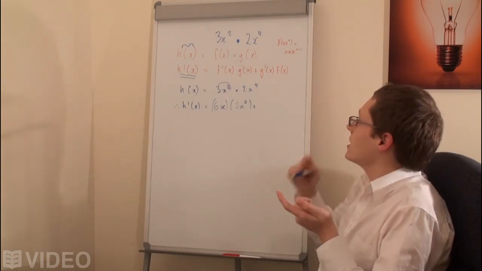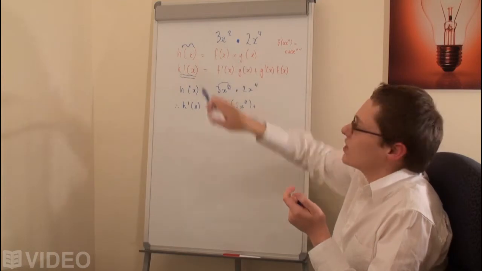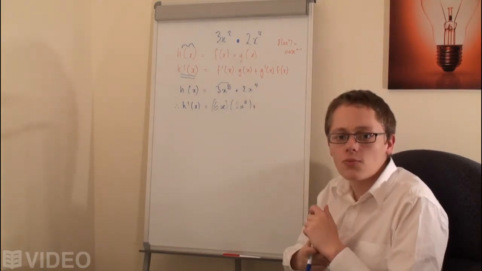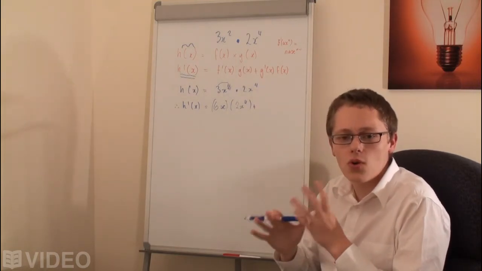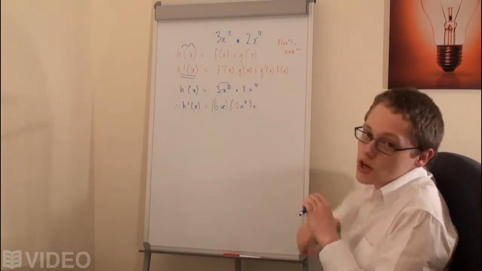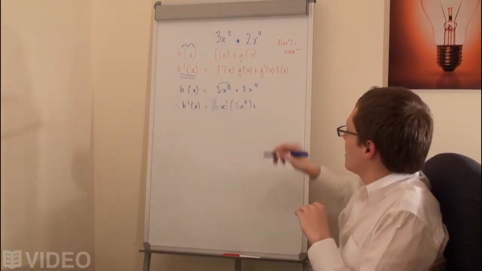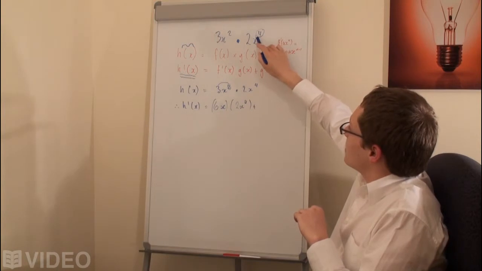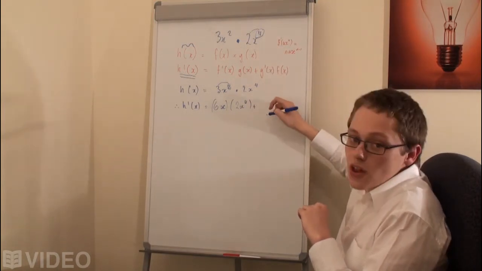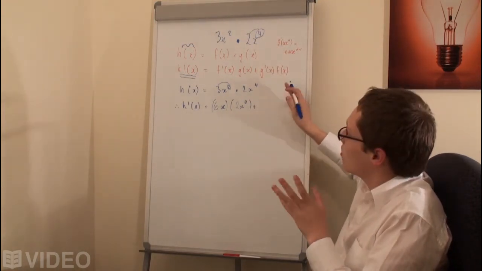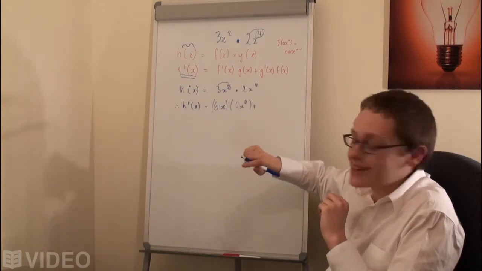Again, that's what we're doing here. But with this function, it's really just two polynomial terms multiplied by each other, so it's a bit more complex than just a normal polynomial function. So what we do is we bring down the exponent and multiply it by the coefficient. 4 times 2 is 8.